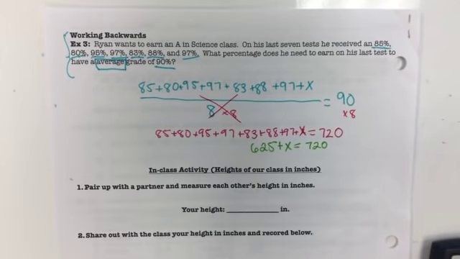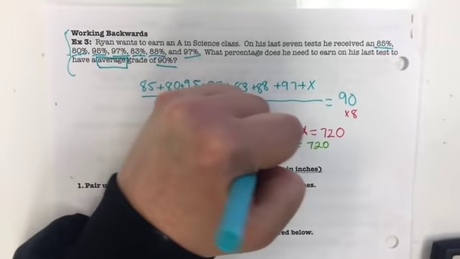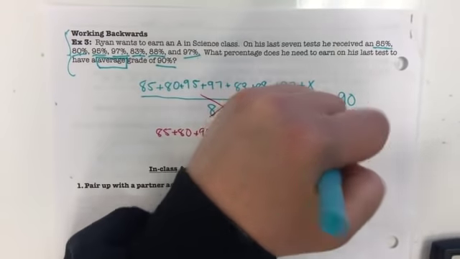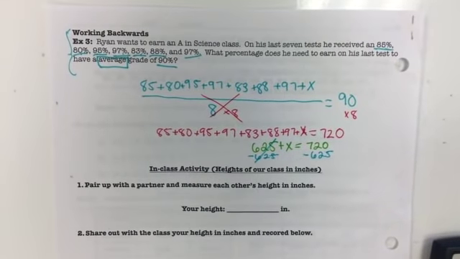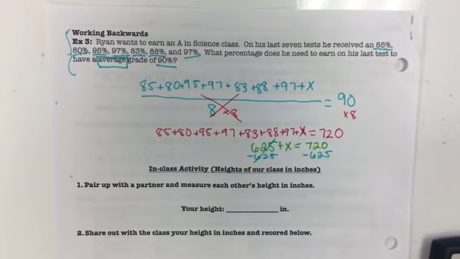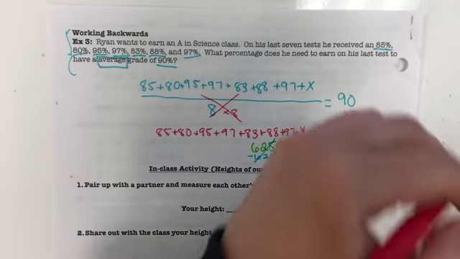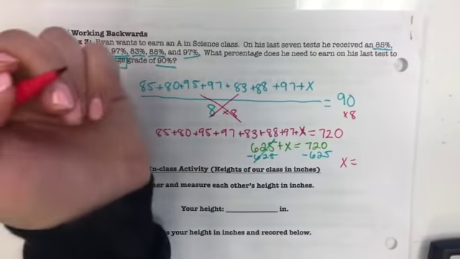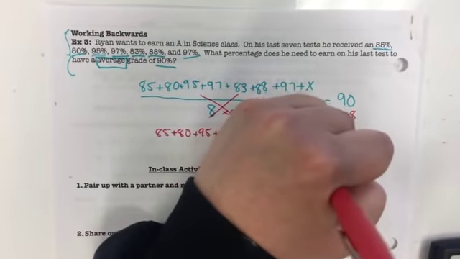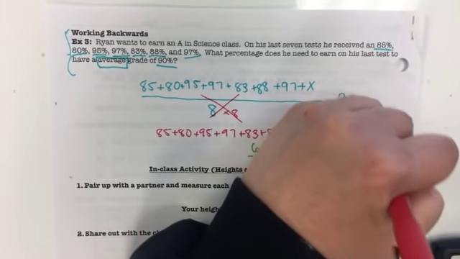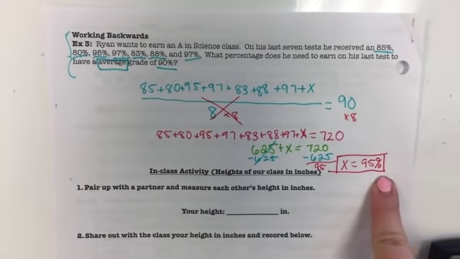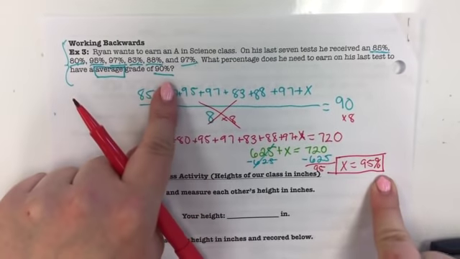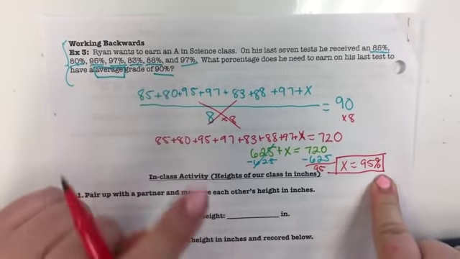So really now all we're doing is solving this equation. To do that, we're going to subtract 625 from both sides. So 720 minus 625 should be 95. So we know that our final test score, or x, has to equal a 95%. So he needs a 95 on his last test in order to get a final grade of an A.